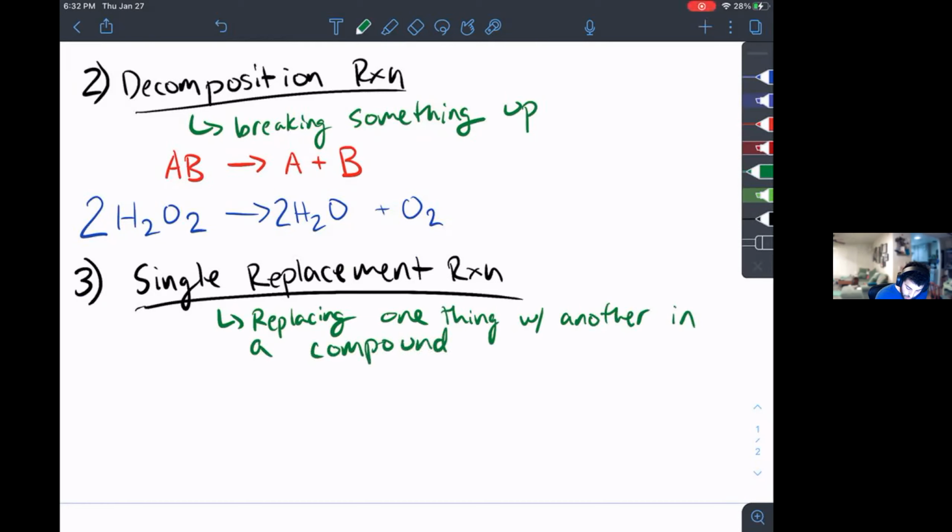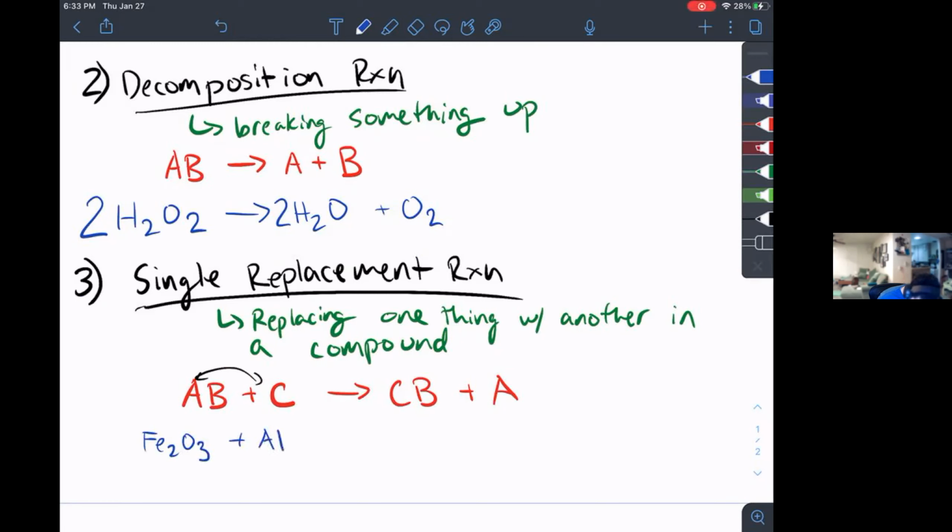All right, so a good example of this, or sorry, I'll do the thing first. We take AB plus C will turn into CB plus A. Basically what happened here is just that the A and the C kind of swapped places. So a good example of this might be a thermite reaction where we take Fe2O3, also known as rust.